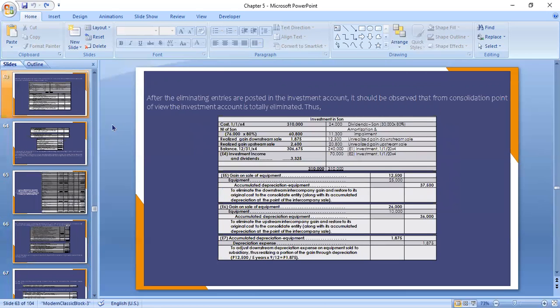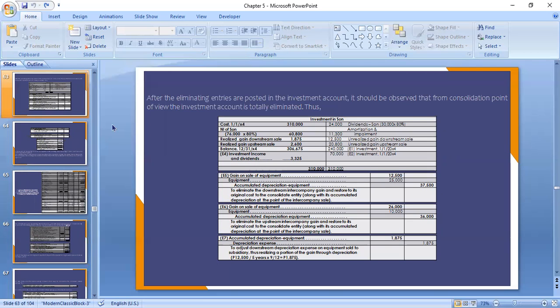After the eliminating entries are posted, investment account, it should be observed that from consolidation point of view, investment accounts is totally eliminated. So the investment in Sun, we have the debit of 310,000. Then for the net income share, we debit to investment 6,800, and for the realized downstream sale and upstream sale.